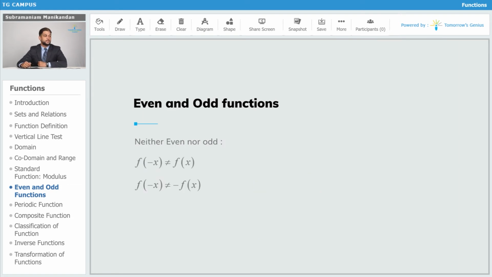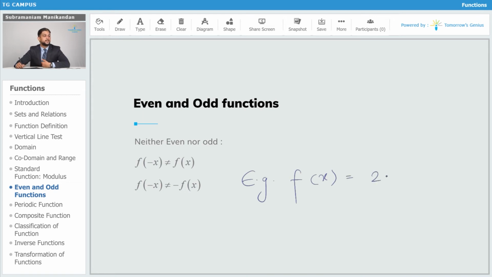So what are some properties of functions which are even and odd? Functions which are neither even nor odd will give f of minus x not equal to f of x. There are very few functions which are perfectly even or odd. Most of the functions are neither even nor odd.